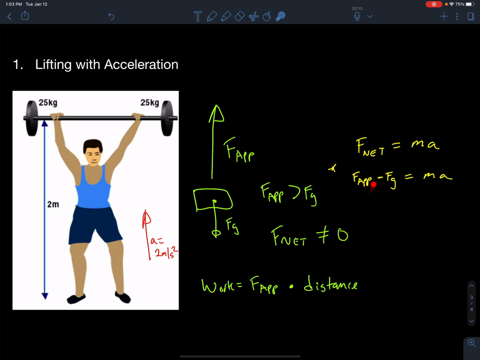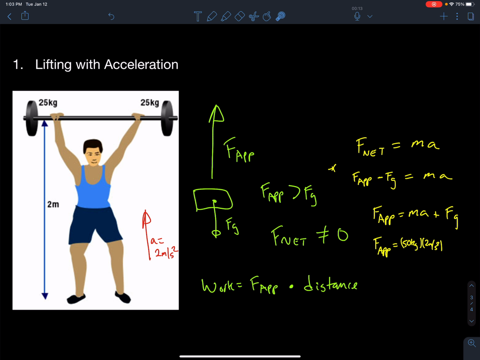So if I wanted to find the applied force that he's going to be putting on, I can move the force of gravity over to the right-hand side of this equation. So the applied force is going to be equal to mass times acceleration plus the force of gravity of that object. So the applied force that he puts on is equal to 50 kilograms times 2 meters per second squared.